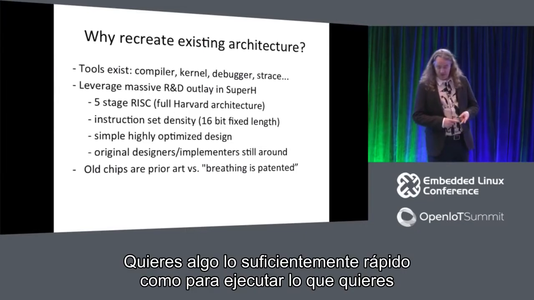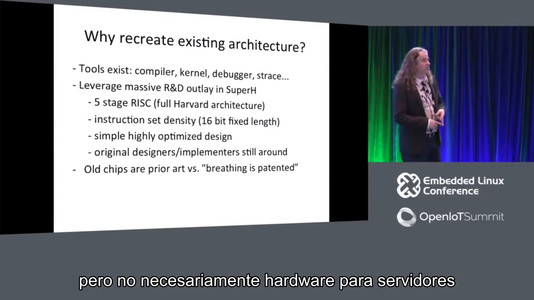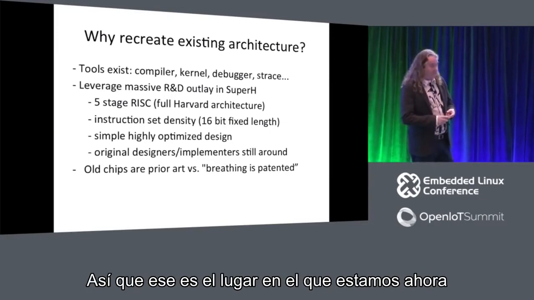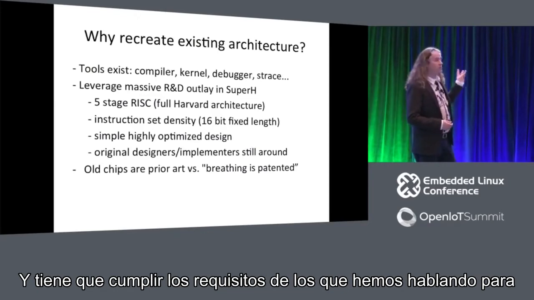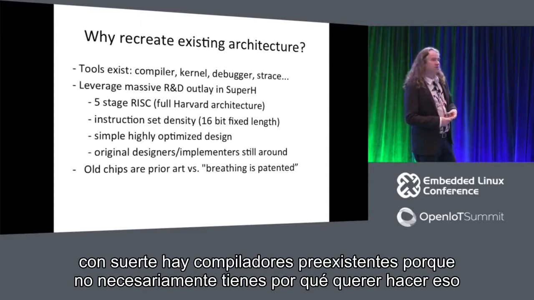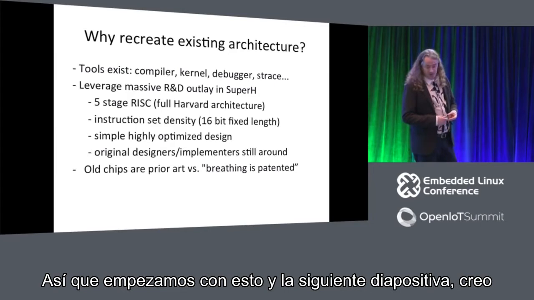You want something that's going to be fast enough to execute what you're after, but not necessarily server-class hardware. So that sort of places us right now where we are. And it has to meet the requirements that we just talked about: a 32-bit programming model, GCC support. Hopefully it has existing compilers because you don't necessarily want to do that. And so we started with this.